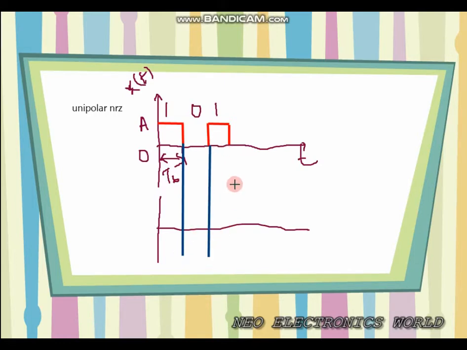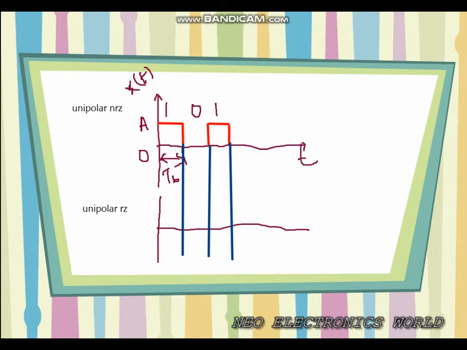This topic is very important, so you have to keep more interest on this. I'm talking in a very simple manner; even an LKG student can understand this. This is unipolar return to zero. This question has been asked in previous years many times.